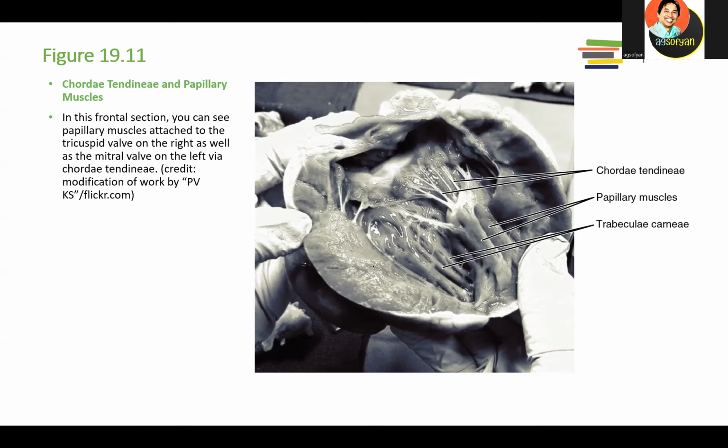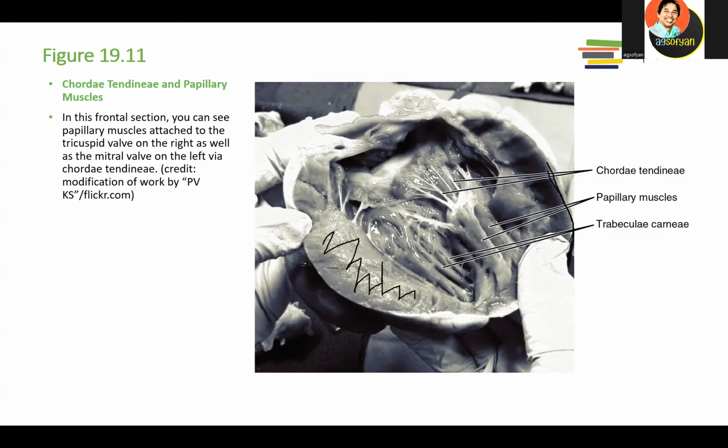And again, if you compare the left side and the right side of the heart, you should be able to see by just looking at the muscle, the myocardium of the heart. Look at this. If you compare this side over here, this muscle is very thick compared to the muscle on the other side over here. It's a little bit or very thin.